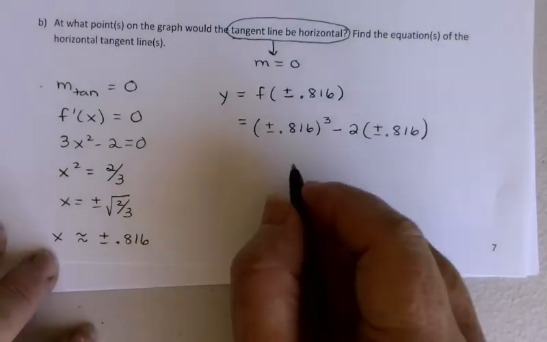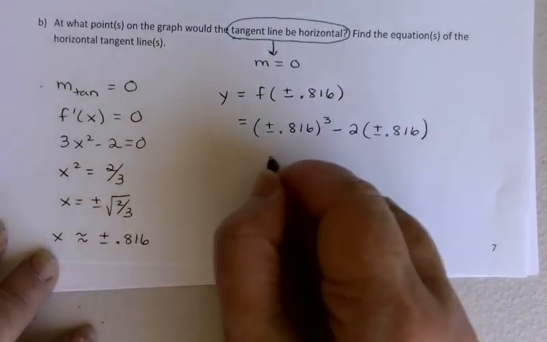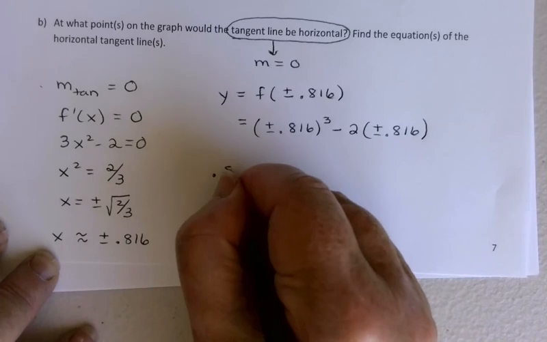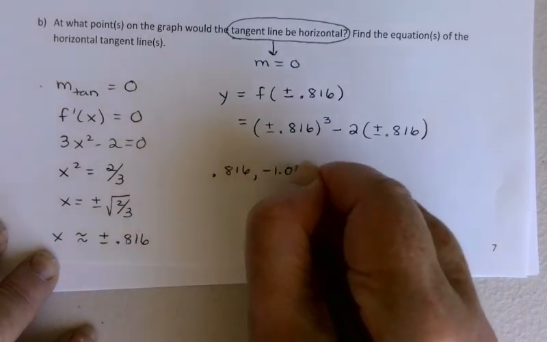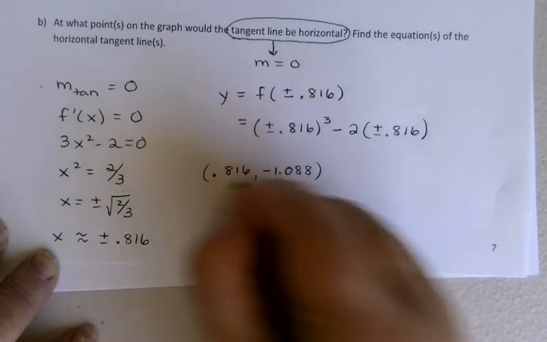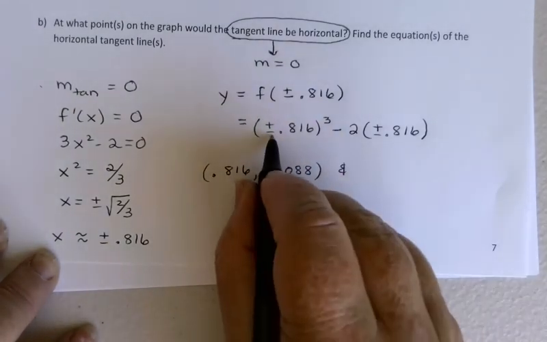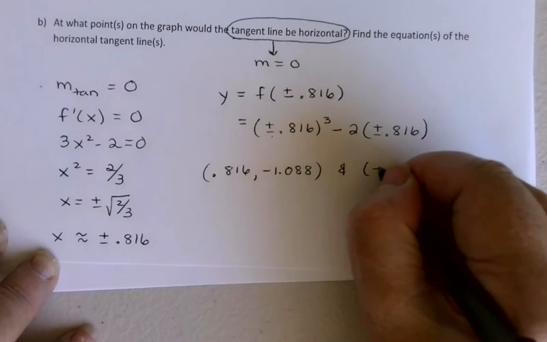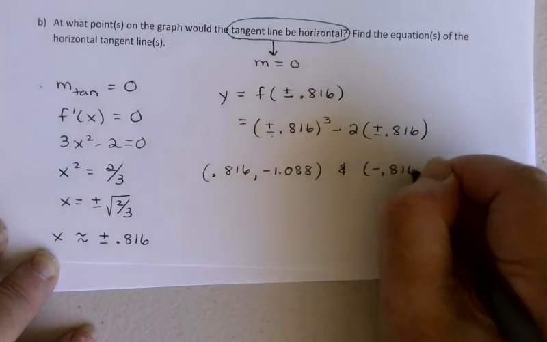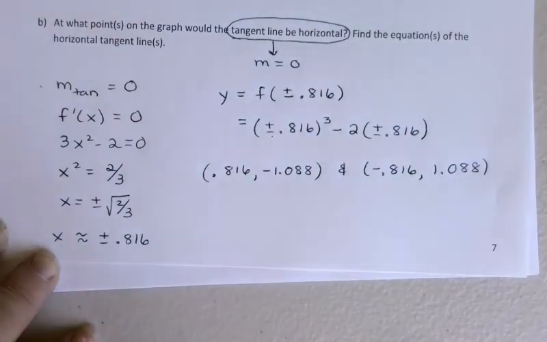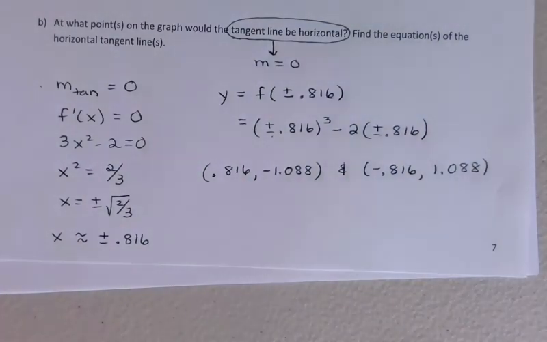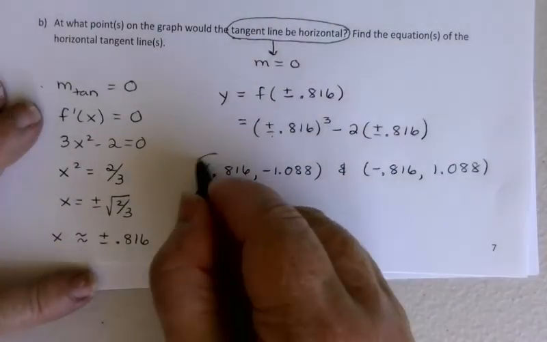And let's see, when I did the positive 0.816, I actually ended up with a negative 1.088, I guess. And when I used the negative 0.816, it turned out positive 1.088. So there are the points where the tangent line is horizontal.